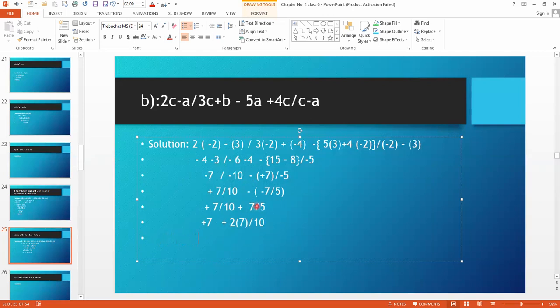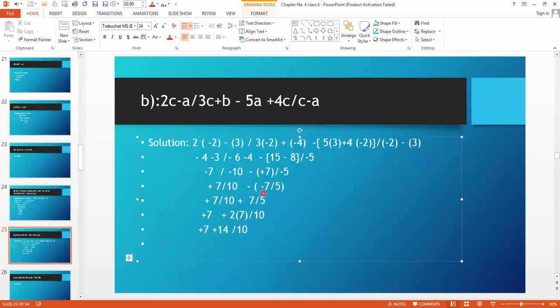So it is equal to plus 7 plus 2 sevens are 14. Okay, and it is divisible by 10. And in the next step, we simply added 7 plus 14, it is equal to plus 21, and it is divided by 10.